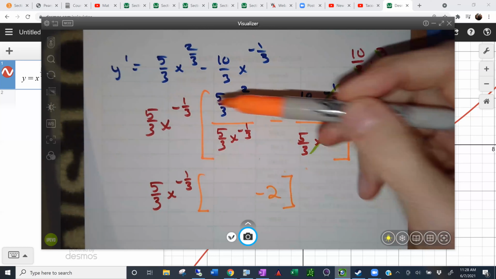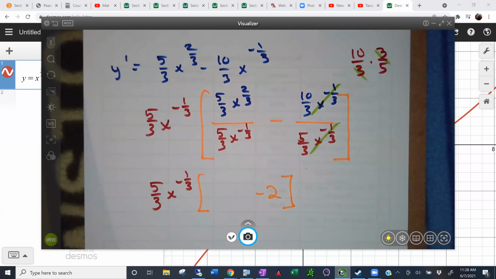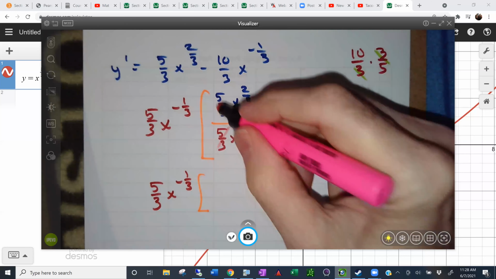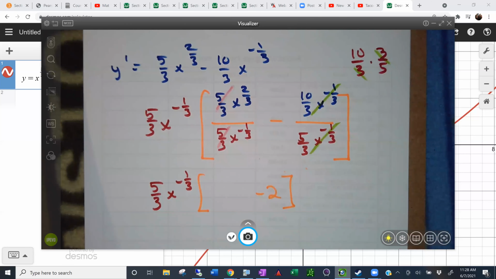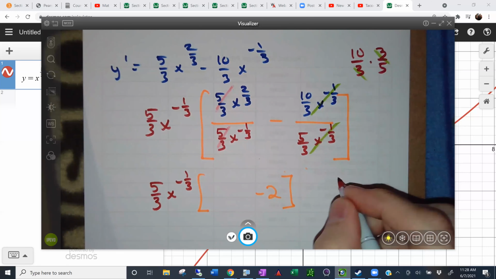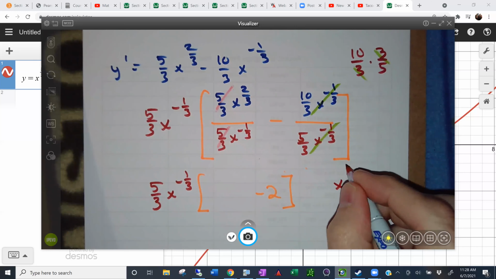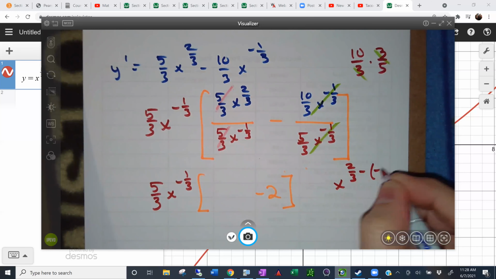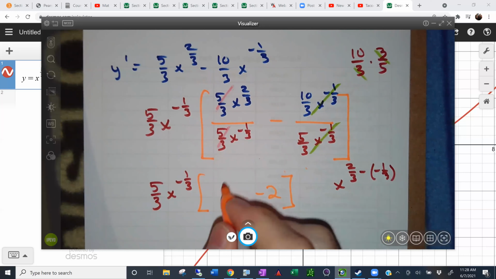Now let's work with here. And again, you're going to get some nice cancellation here. This time, it's going to be the 5/3 that cancel. But with this stuff, now you're looking at x to the 2/3 minus x to the -1/3. And if you're careful with that double negative, 2/3 minus -1/3, you realize it's 2/3 plus 1/3, leaving me with just x to the first power.